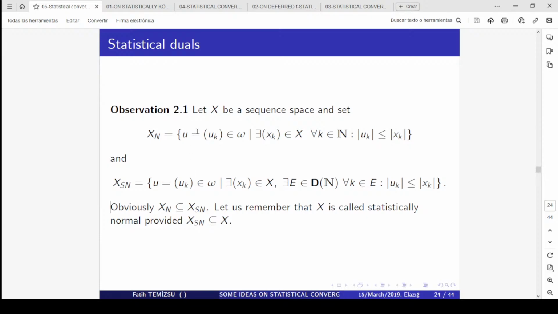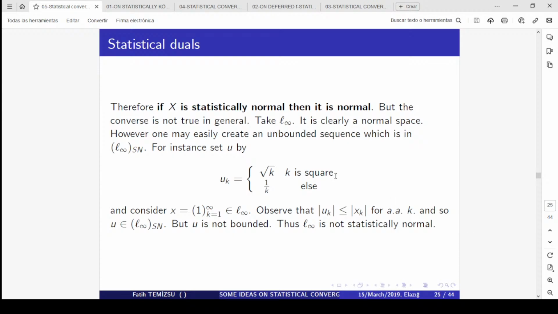So because of the nature of these definitions, it is obvious that X_N is included in X_SN. And as we can remember, X is called statistically normal provided X_SN is included in X. Therefore, if X is statistically normal, then it is normal. But we show that the converse is not true in general.